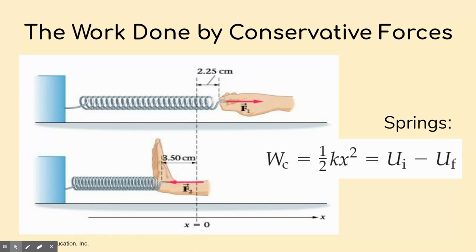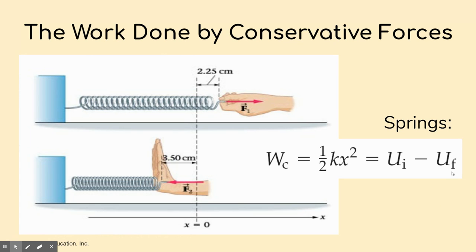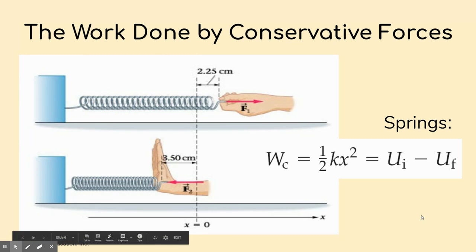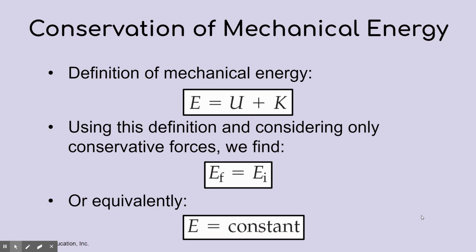And when we set our system so that the final potential energy is 0, again, just like in the previous problem, this will disappear, and we can say U is equal to 1/2 kx squared. And these are all equations you should be writing down.